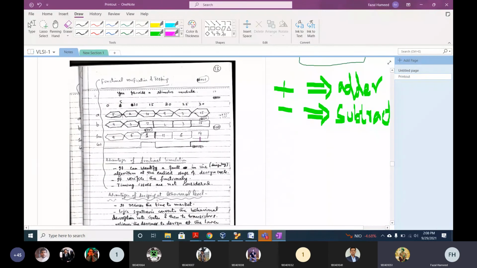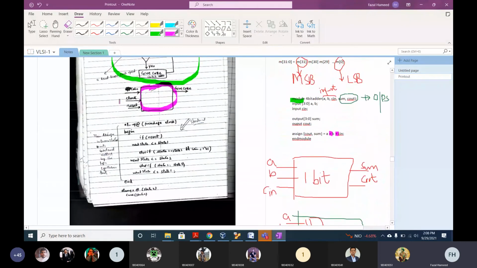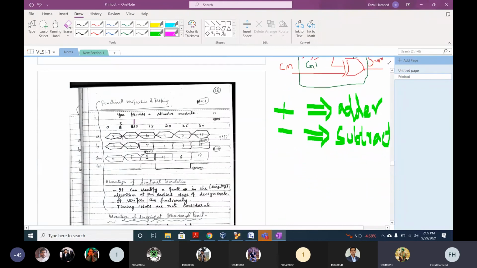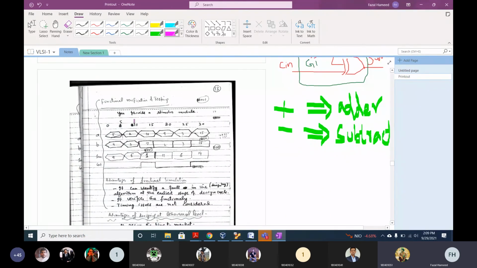Now let's assume we have designed this adder and we have synthesized this. We have designed this as a 4-bit adder. Okay. And what is functional verification? Functional verification and testing. In functional verification, we test our system by giving a given set of inputs, and we check the outputs, and then we see whether our design is correct or incorrect.